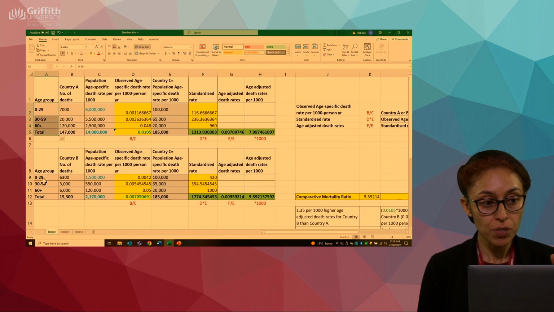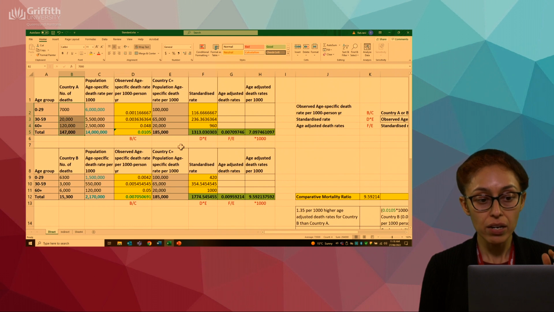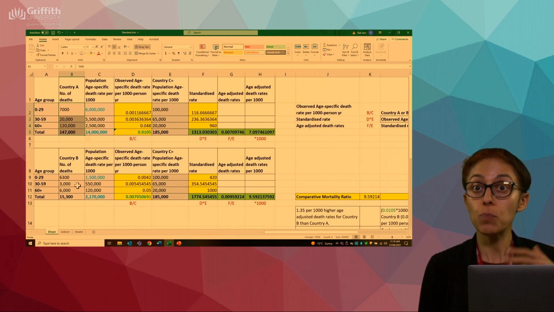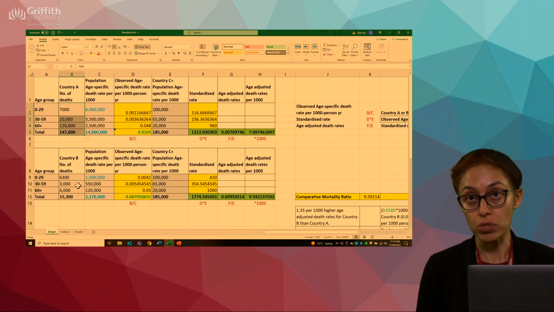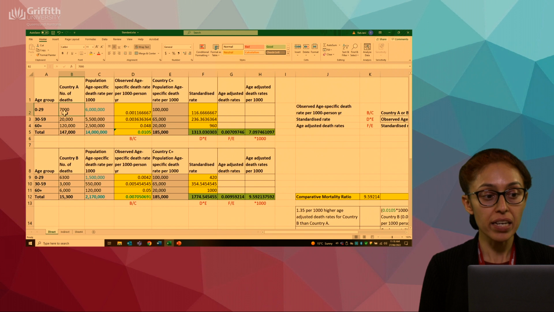These are the two populations which I am comparing, country A and country B, a hypothetical example, and these are the age groups. And these are the number of deaths in country A and country B in each of these age groups. All the data in grey color, for example, is provided to me in governmental reports. So I have the number of deaths in country A and country B. What is the second column?